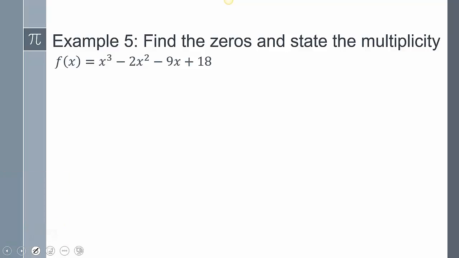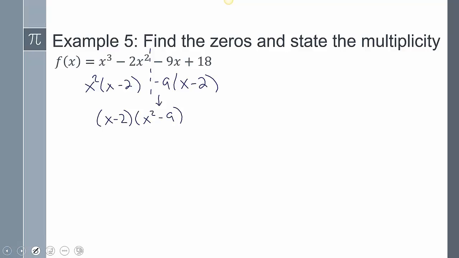To factor this, we use factoring by grouping. We do that little dividing line down the middle and factor out what's in common. That's an x squared, and I'm left with x minus 2. I can factor out a negative 9, and I'm left with x minus 2. Grouping these together, I get x minus 2 times x squared minus 9. This factors further into x plus 3 and x minus 3.